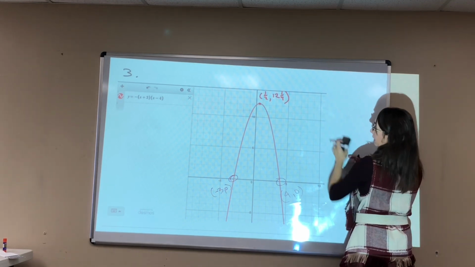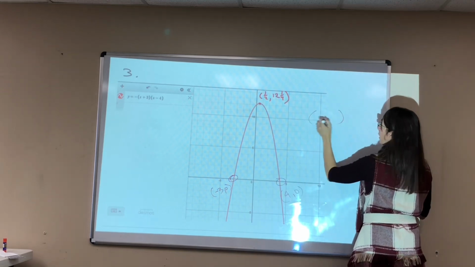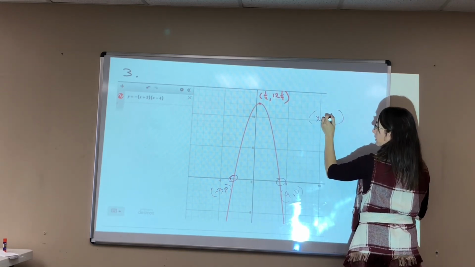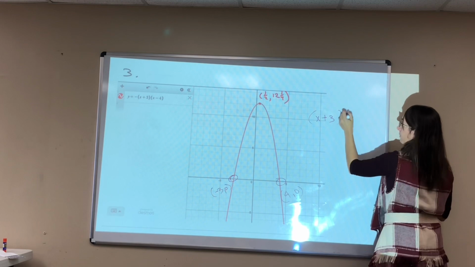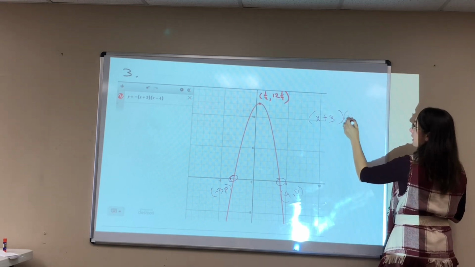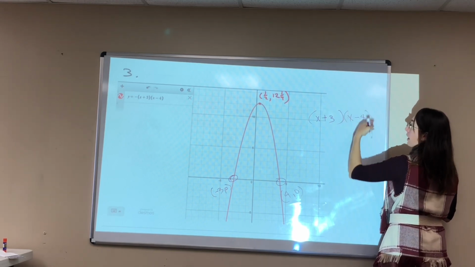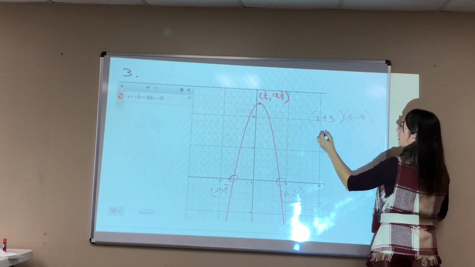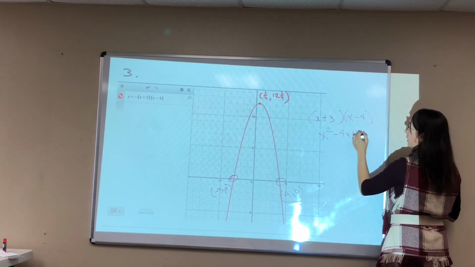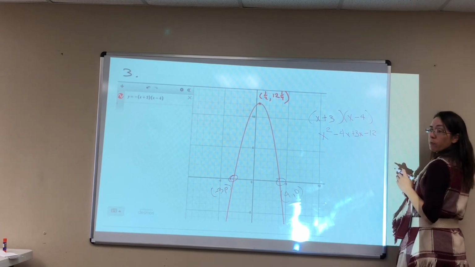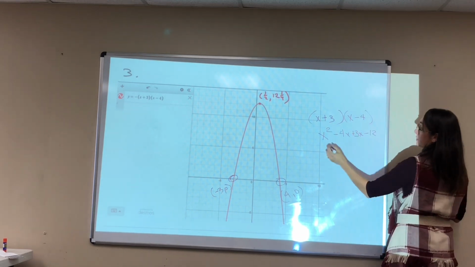If it's -3, 0, that means it was x plus 3. If it was 4, 0, it was x minus 4. Then we can multiply that out and get x squared minus 4x plus 3x minus 12, right?